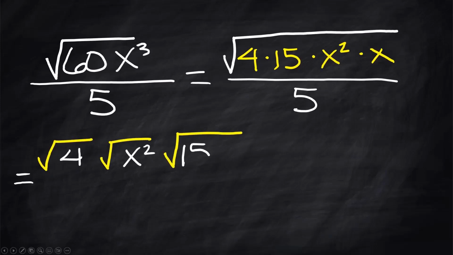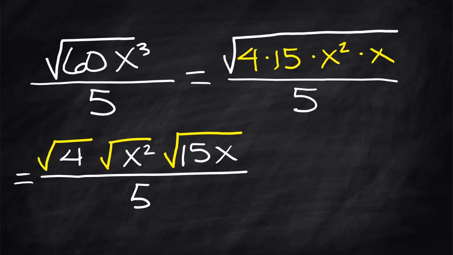So what we have now is I decomposed all this. Instead of having it all be together in one square root, I broke it up into 3. The square root of 4 times the square root of x squared, because those two are perfect squares, so they got their own.